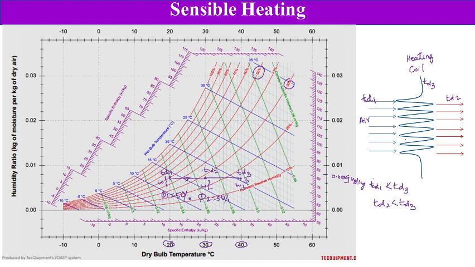Enthalpy H1 at inlet will be about 40, and enthalpy at outlet for the air may be somewhere here, 50 kilojoules per kg. This is how the sensible heating process works out.